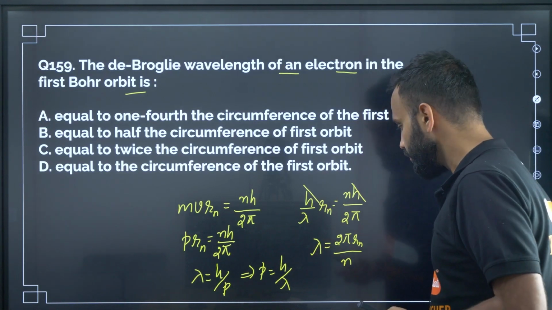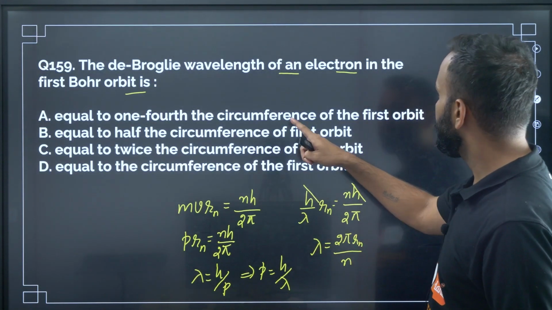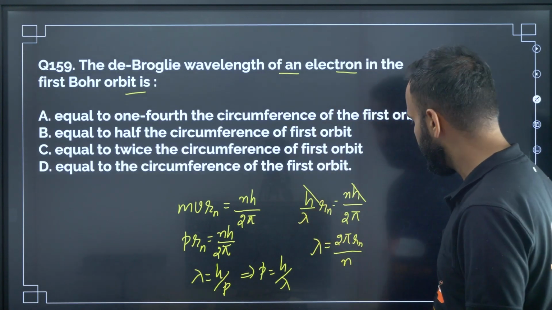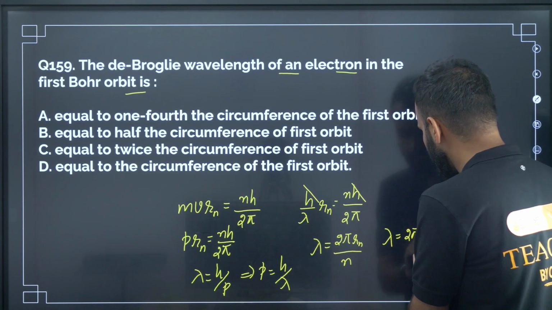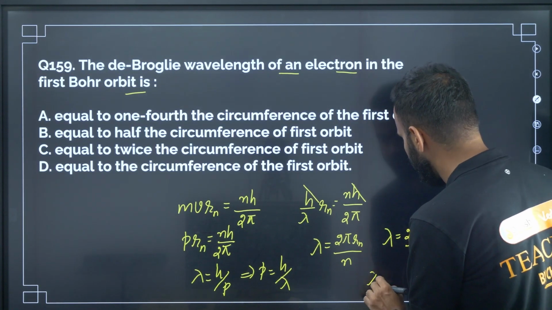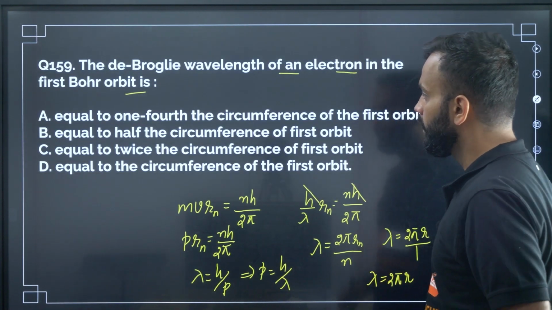They are asking the de Broglie wavelength of an electron in the first Bohr orbit, that is n equal to 1. So lambda is equal to 2 pi r.